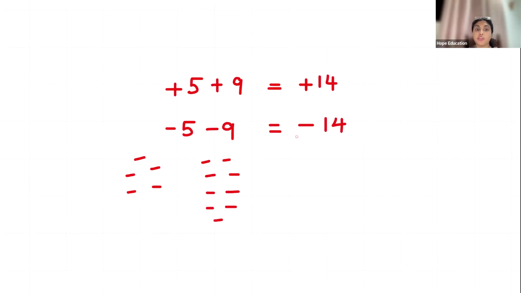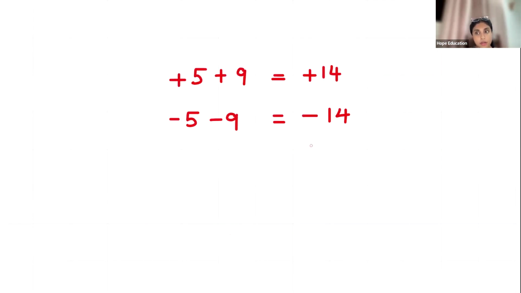That's how we visualize it. But how do you remember it? With the same signs, you just add the two numbers and put that sign. Here, plus 5 plus 9: 5 and 9 added make 14, then the sign is plus, so I put plus. Here minus 5 minus 9, still the same sign, so 5 and 9 added make 14, then the sign is minus, so I put minus. Is that clear?